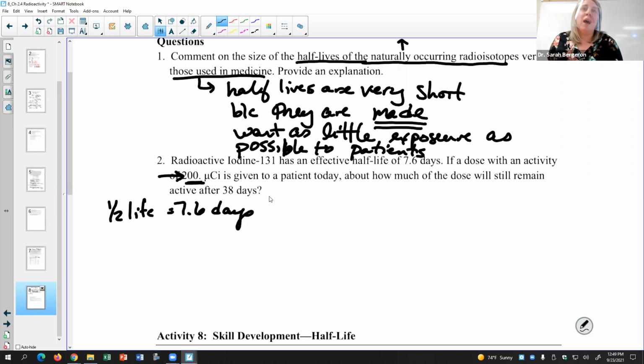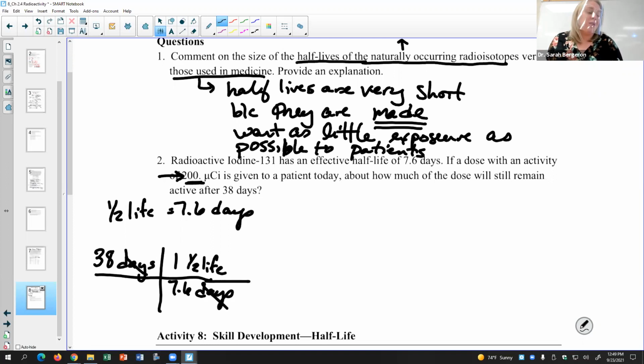So how many half-lives have passed? Well, I'm going to check on this patient 38 days later, right? I need 1 half-life, right, is equal to 7.6 days.